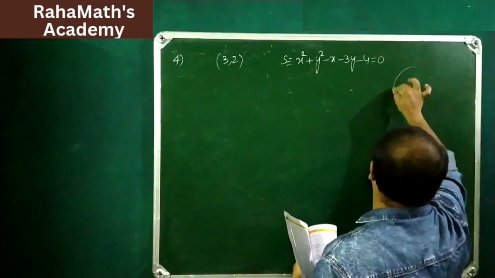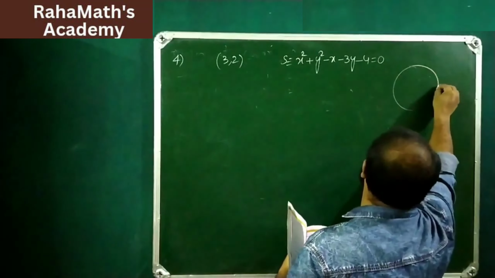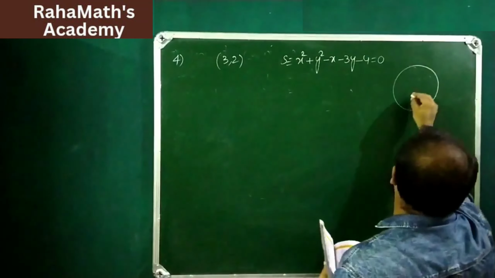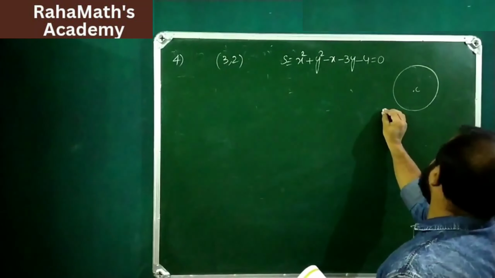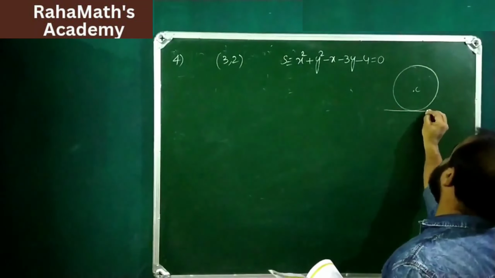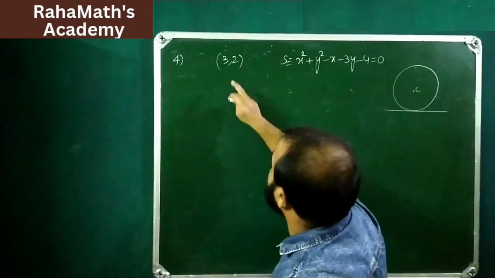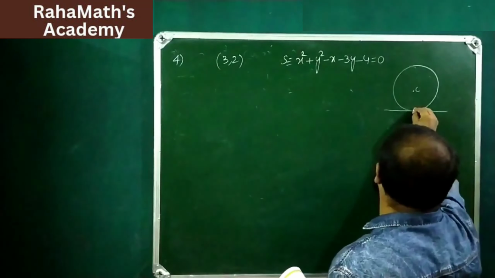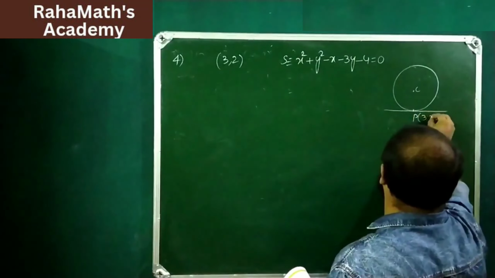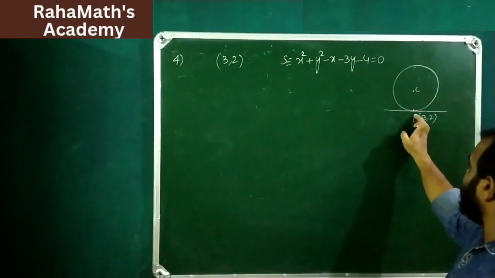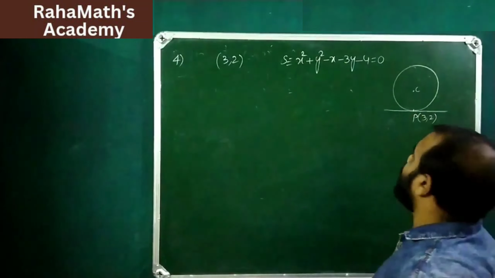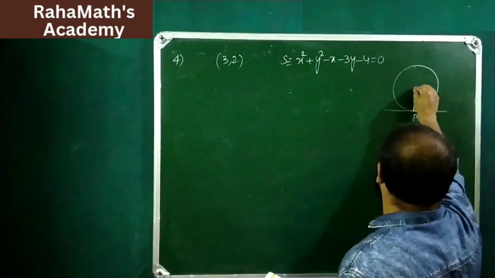That means this is the circle, this is the center of the circle, and this is my tangent. So this 3 comma 2 is the point of contact P 3 comma 2. So we need to find the equation of the tangent to the circle at P x1 y1, and this is the normal.